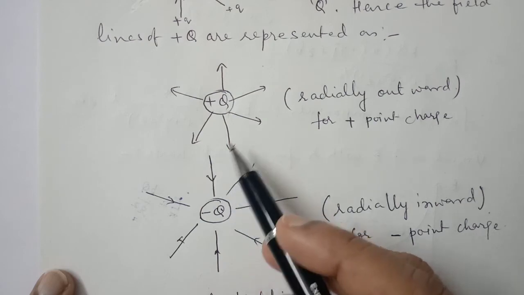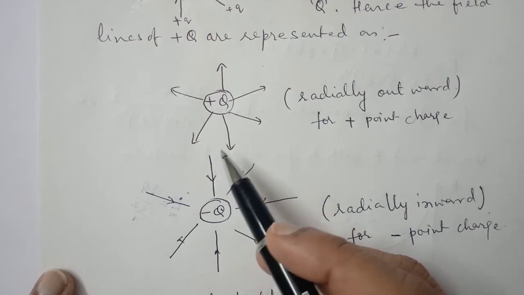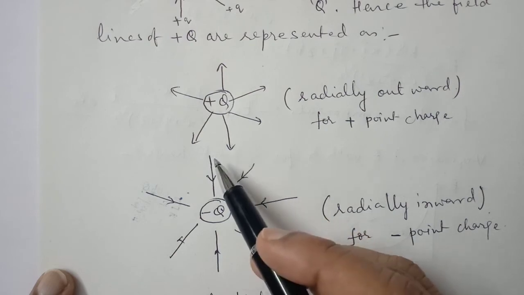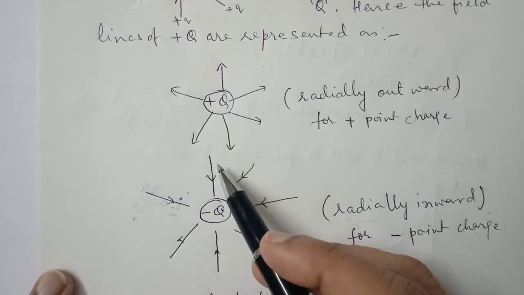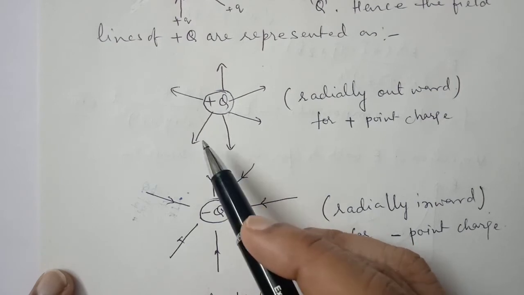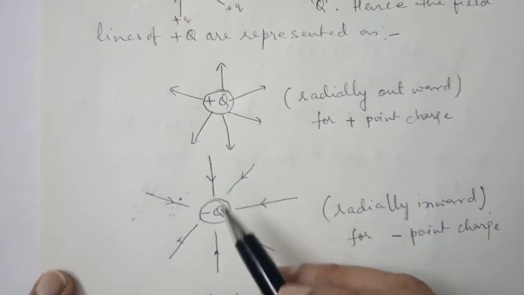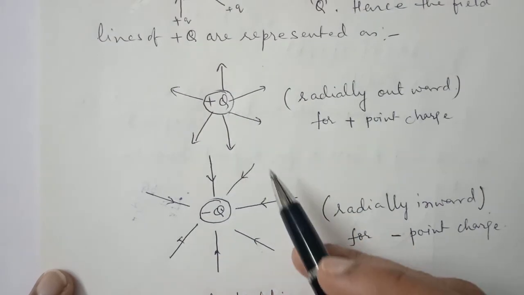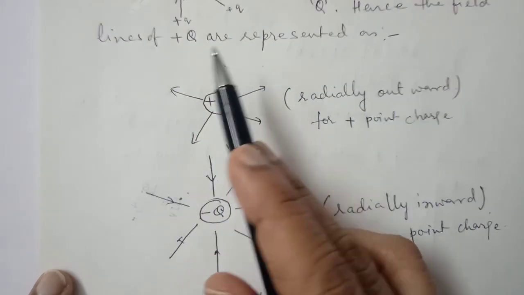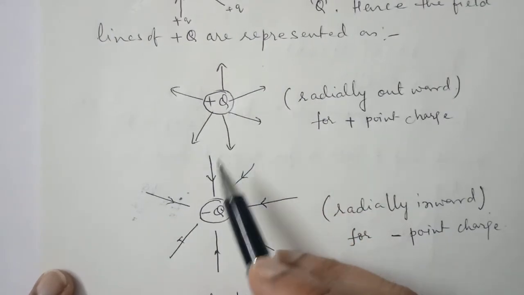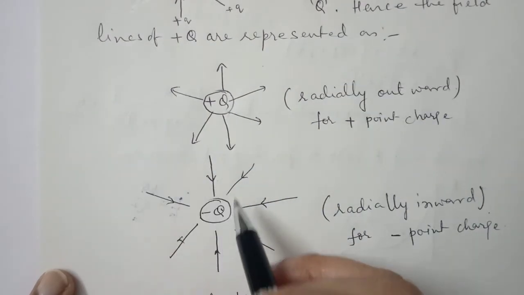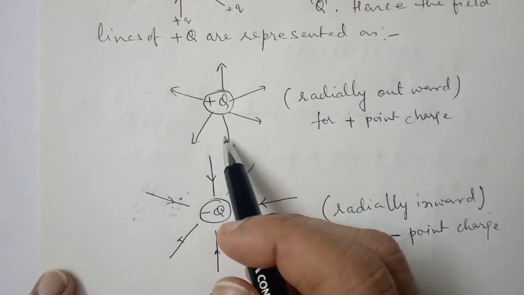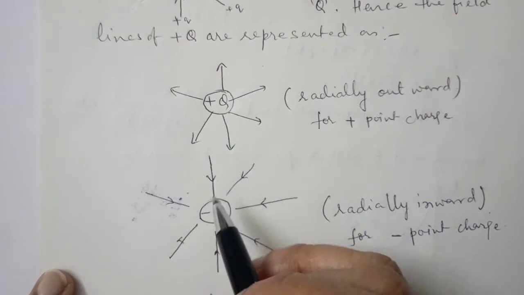Depending upon how they are interfering with each other, there will be superposition of the two fields, and hence direction will neither remain like this nor like this. It will get modified, which is understood as they start experiencing force. So if I consider this is the region of this minus Q charge and this is the region of this plus Q charge, presently they are not interfering with each other. That means they will not experience force on each other. But soon I take them further closer, then they will start experiencing force.